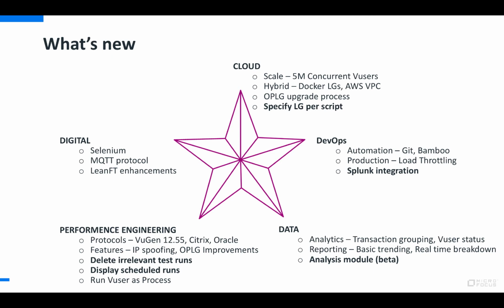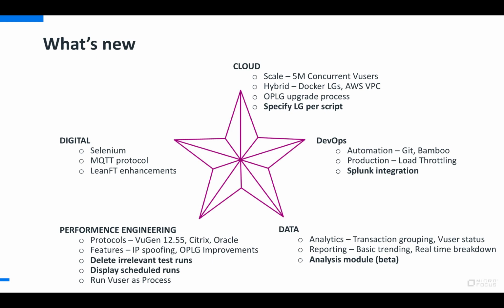From the digital side, we added support for Selenium, for VuGen MQTT, which is an IoT protocol, and of course, we improved our support for LeanFT scripts. For those of you that are using functional scripts, a functional tool, you can use your script as is in StormRunner Load.